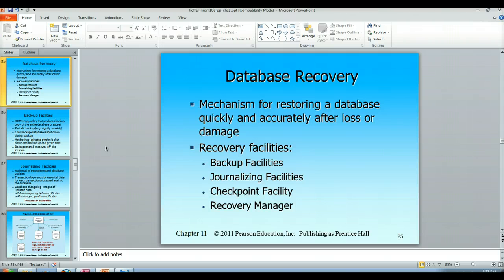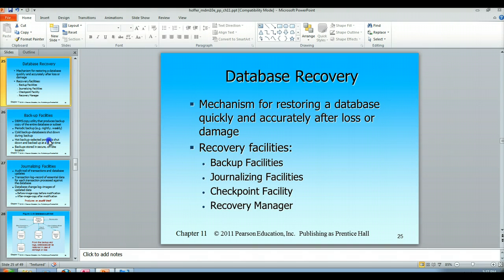Then there's a checkpoint facility, which could cause either a backup or a journalizing event to happen, and a recovery manager, some facility to keep track of how often backups are done, how often journalizing has happened, and how many checkpoints have happened. We're really not going to get too much into the recovery manager.